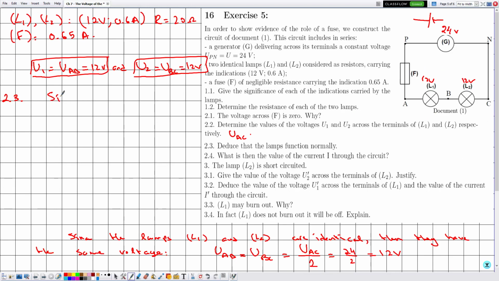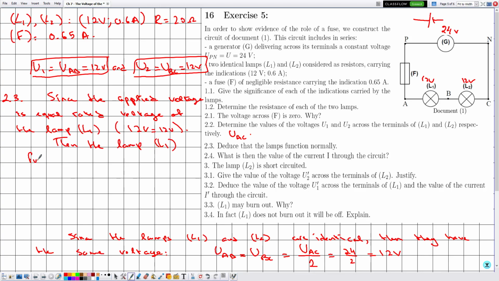Let's say since the applied voltage is equal to the rated voltage of the lamp L1, or you can discuss the lamp L2, 12 volts is equal to 12 volts, then the lamp L1 functions normally.